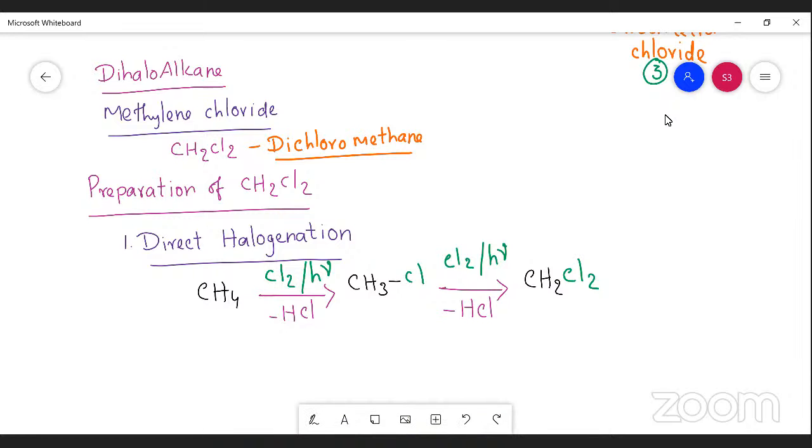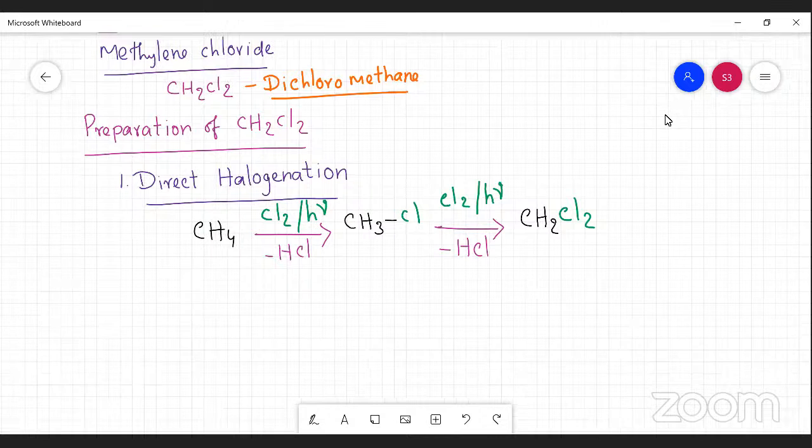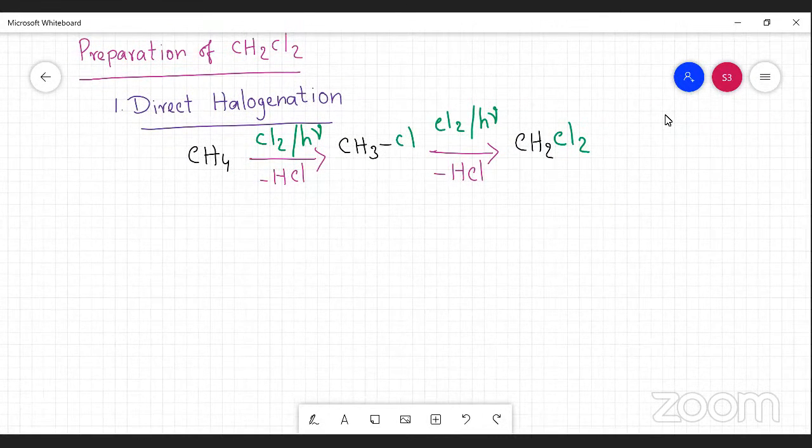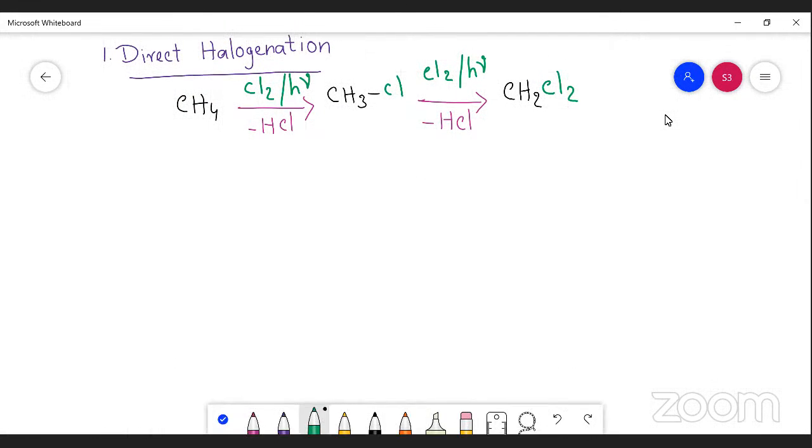Now the second reaction. It is from chloroform. What is chloroform? It is CHCl3. CHCl3 is nothing but chloroform. Correct?